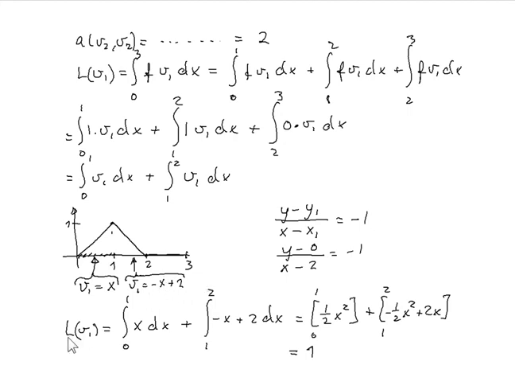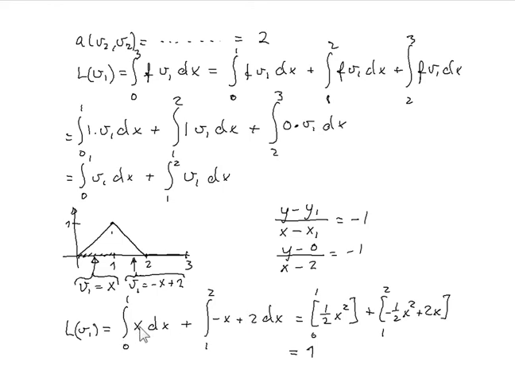Okay, this L of v1, which we want to compute, is the integral from 0 to 1 of the function v1 in this area, which we have told you is x, and it's this expression in the second interval. So we can just compute these two integrals.